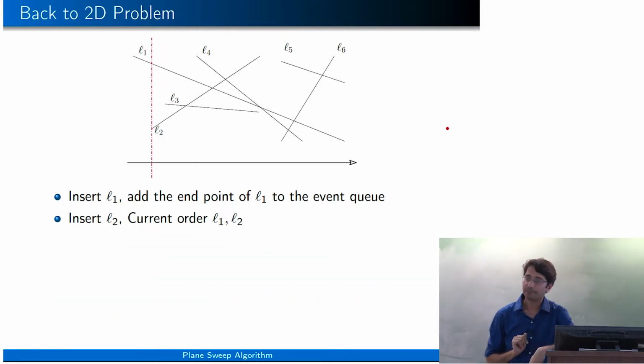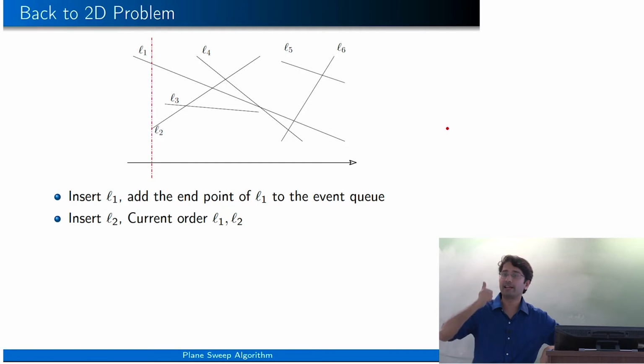Now, what is the status that I want to maintain? It is the sorted order of the lines along the sweep line.